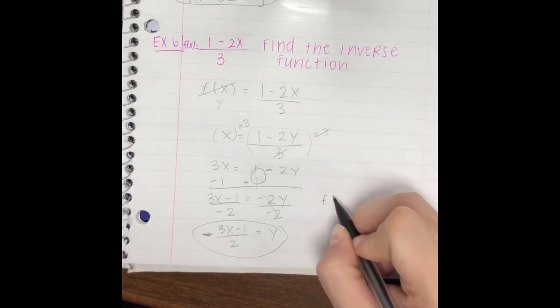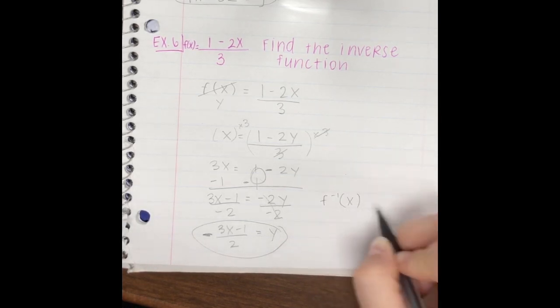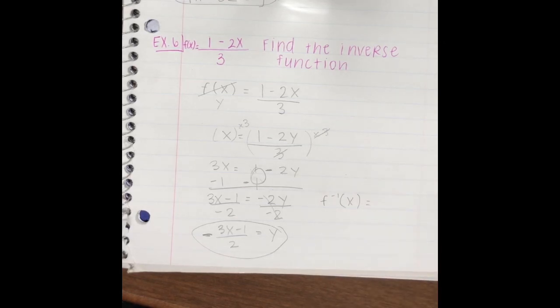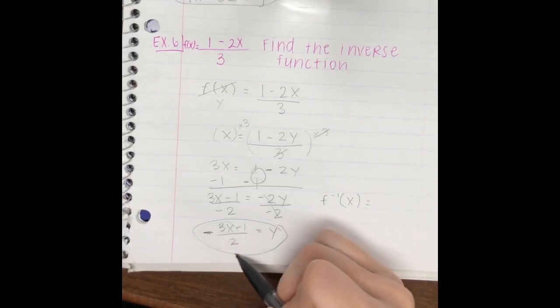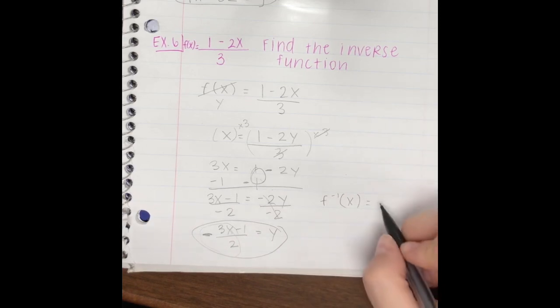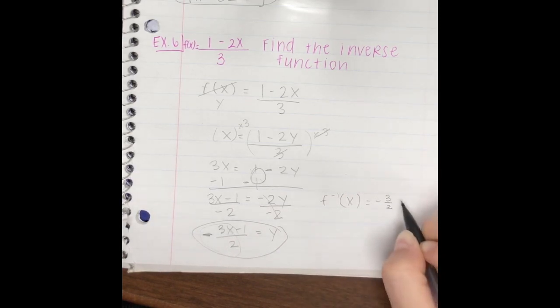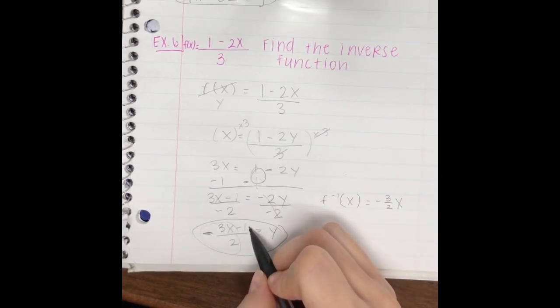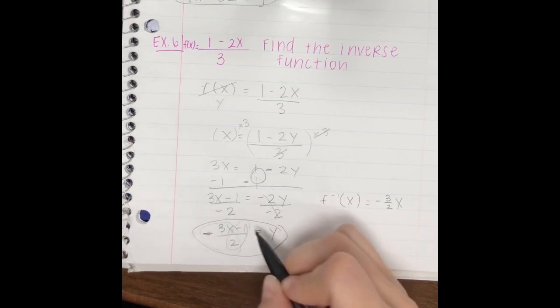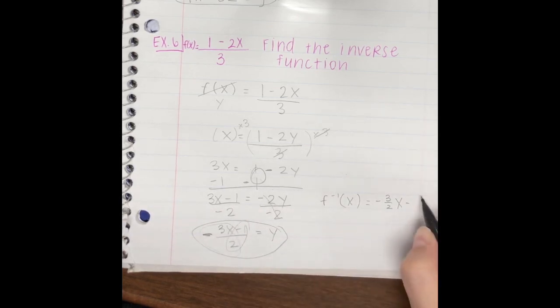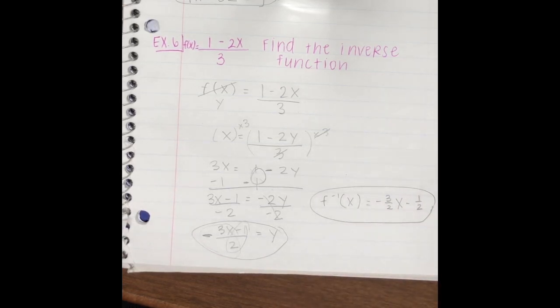You could also write it with the inverse function, right? And you could divide this. So a negative 3x divided by 2 would be negative 3/2 x. And then we would have a minus 1/2. Another perfectly acceptable way to write that answer.